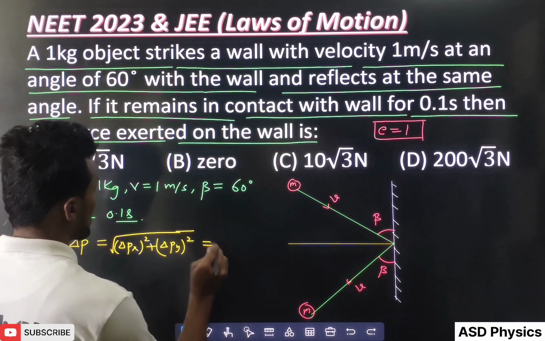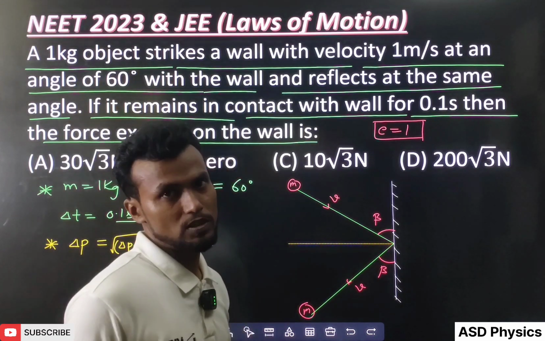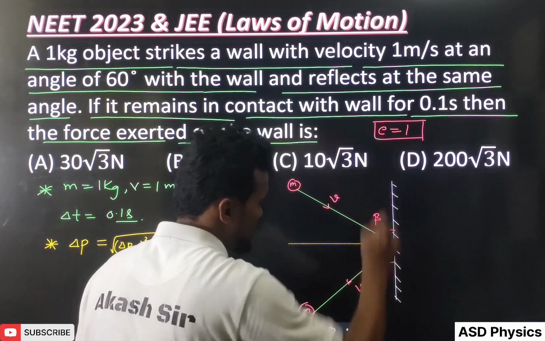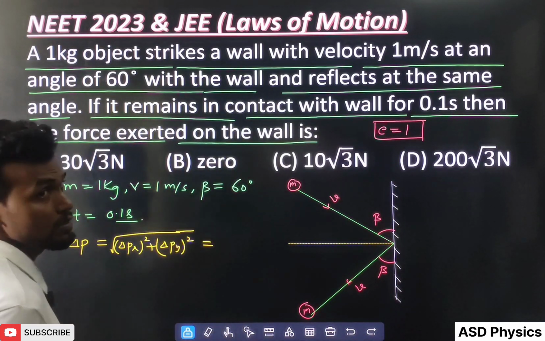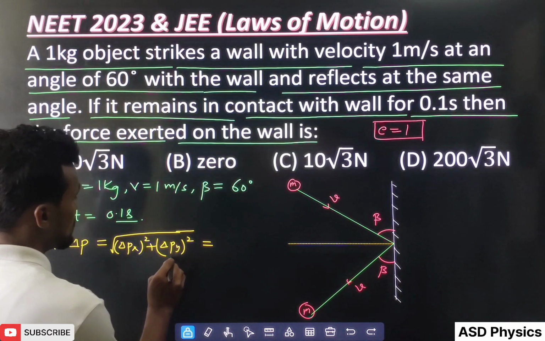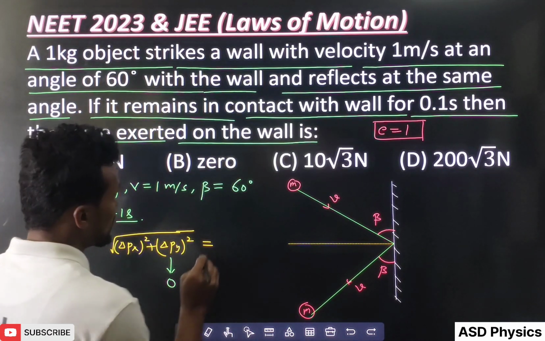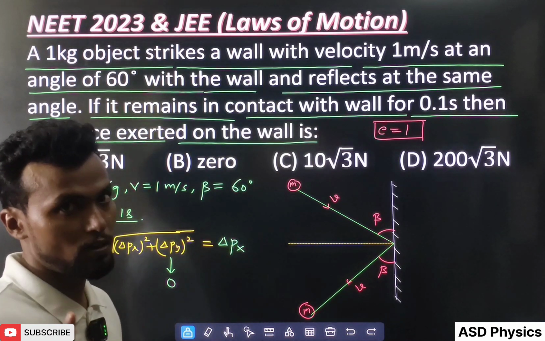Delta px is the change in momentum normal to the wall, and delta py is the change in momentum along the wall, because the wall is vertical. The change in momentum along the wall will always be 0. So delta p will be equal to delta px, always normal to the wall.